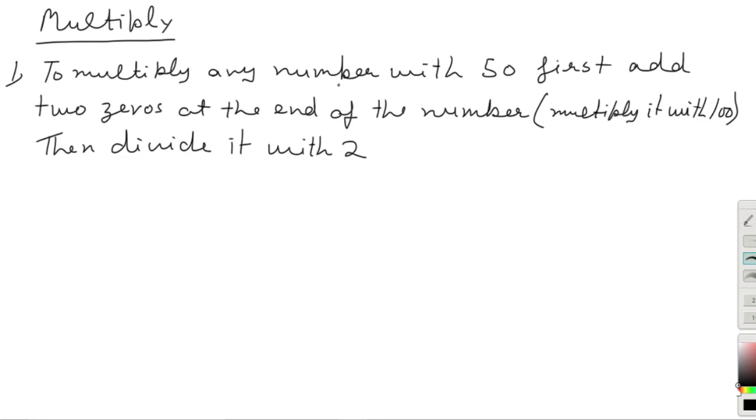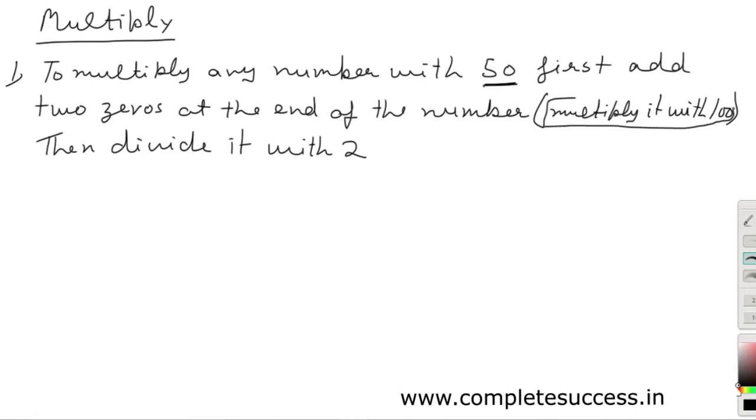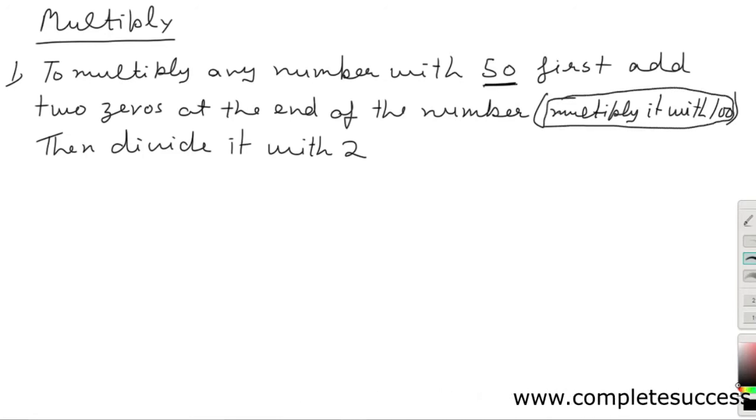To multiply any number with 50, first add two zeros at the end of the number. When we add two zeros at the end of the number, basically we are multiplying it with 100. Is it clear? So we first multiply it with 100 and then divide it with 2. Why? Because 100 by 2 is 50.